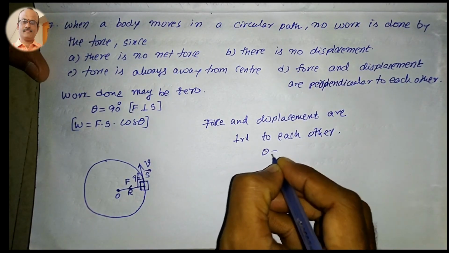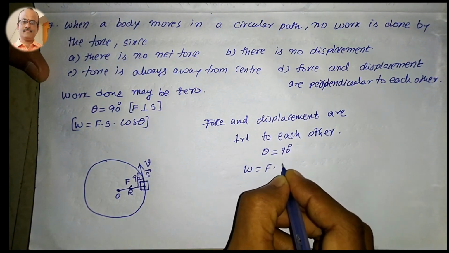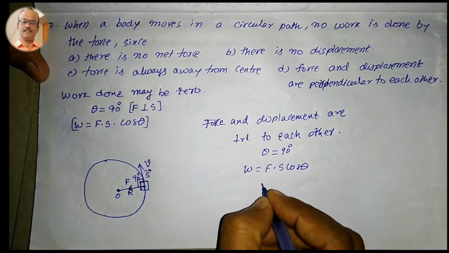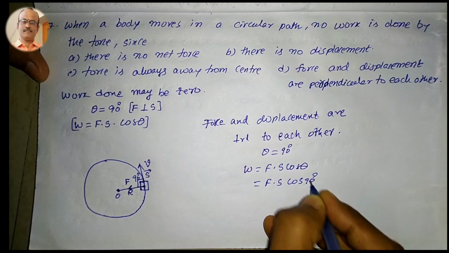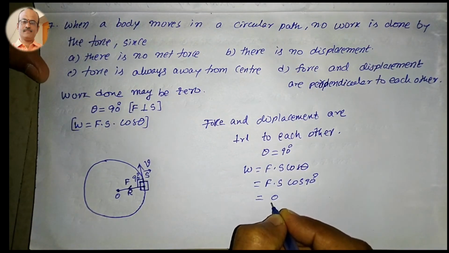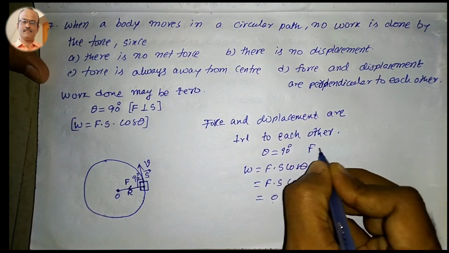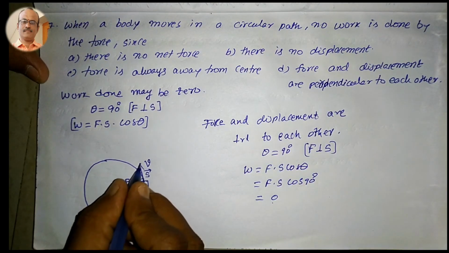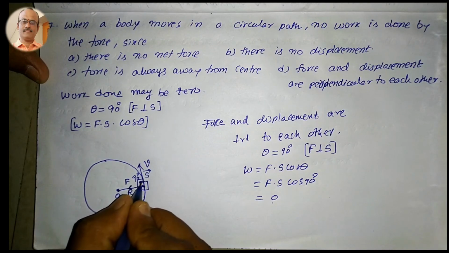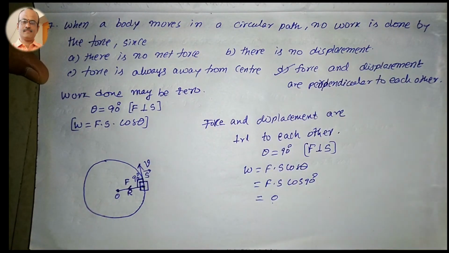So theta is equal to 90 degrees. So work done is equal to force into displacement into cos 90 degrees. So work done is 0 when the body moves in circular path. No work is done. Why? The force and displacement are perpendicular to each other. The body moving in this direction, force acting in this direction, both are perpendicular. So that's why the option is D.